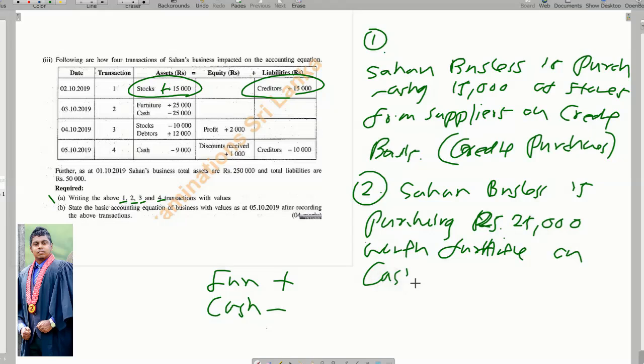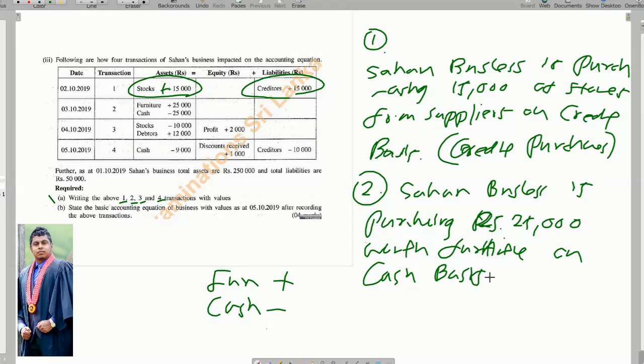Furniture is going to be increased. That means we are receiving furniture and cash is decreasing. Therefore, you can see that these purchases are based on cash basis. The previous one was based on the credit basis. That's why liabilities have been increased. But here you can see that it is under the same side, the asset side. So therefore, cash is going to be decreased.